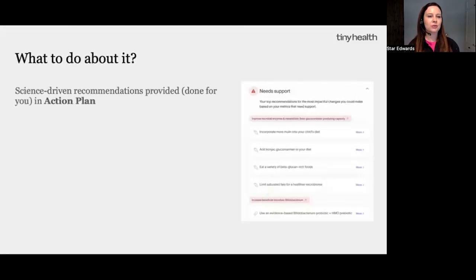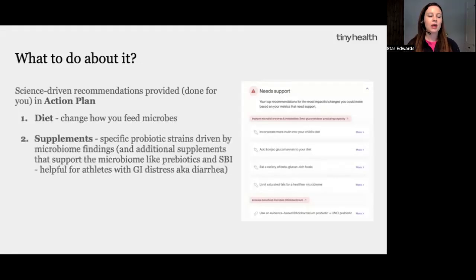We have science-driven recommendations on the Tiny Health test, all done for you in the action plan, and it's divided into three categories. You will see recommendations, first of all, for diet. We want to change how we feed the microbes, so we will have specific foods recommended in the action plan based off of what we find in the client's test. And we also offer recommendations for supplements, perhaps specific probiotics, depending on what we find in the microbiome.